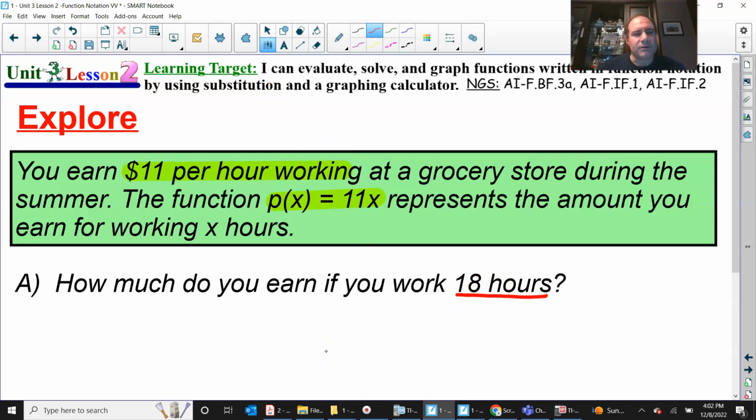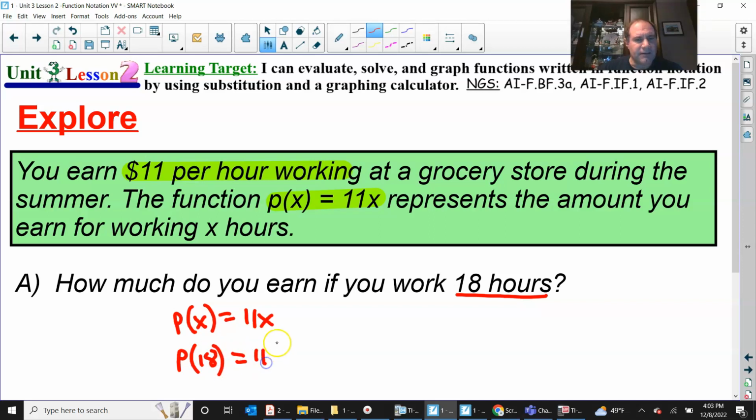So the hours is x. So I'm going to write down P of x equals 11x. I'm making $11 an hour. So my number of hours that they want me to find out is 18. 11 times 18.